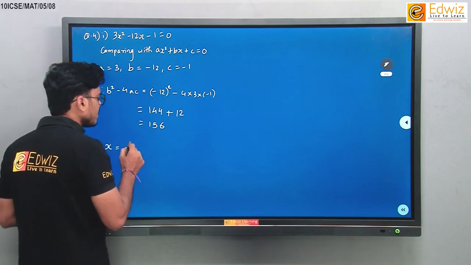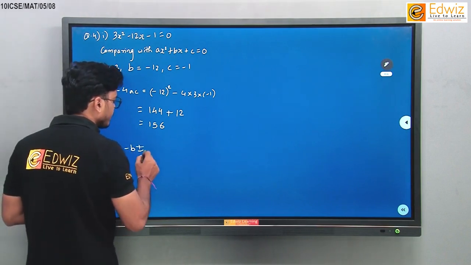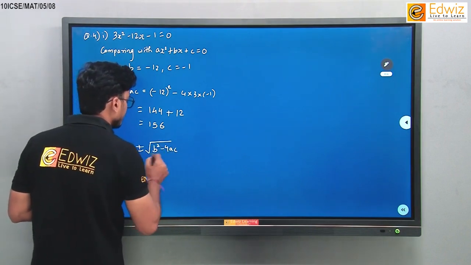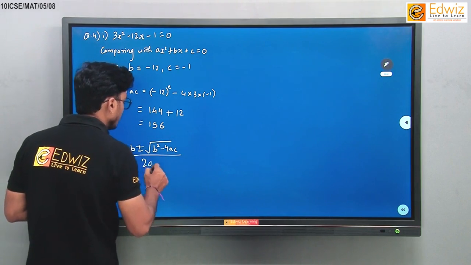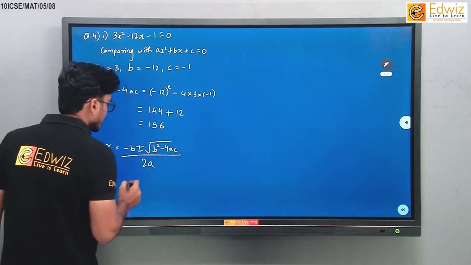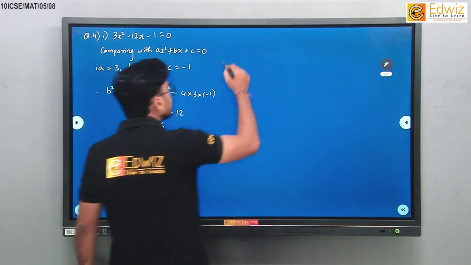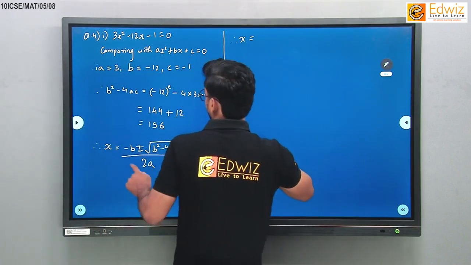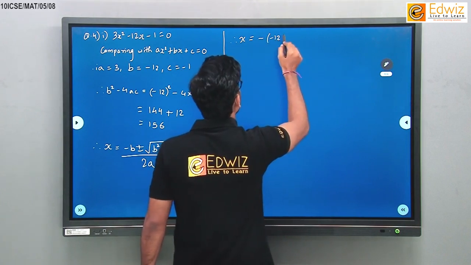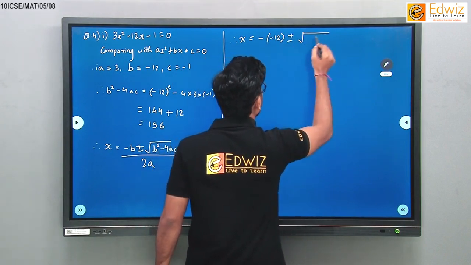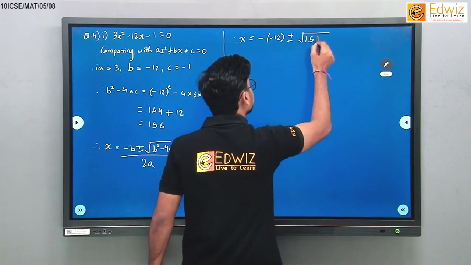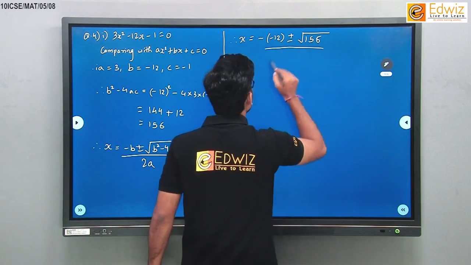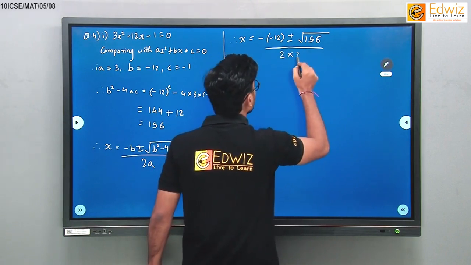In the next step, put it inside the formula. X will be minus b plus or minus square root of b square minus 4ac upon 2a. Correct? So substituting the values of a, b and c, this equation will now become x equals to minus of minus 12 plus or minus square root of 156, which is the value of b square minus 4ac, correct, divided by 2 times a, that is 2 times 3.